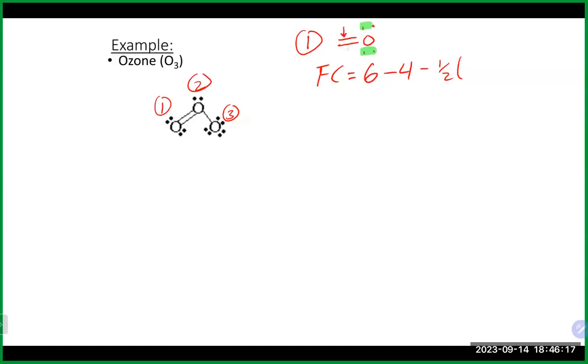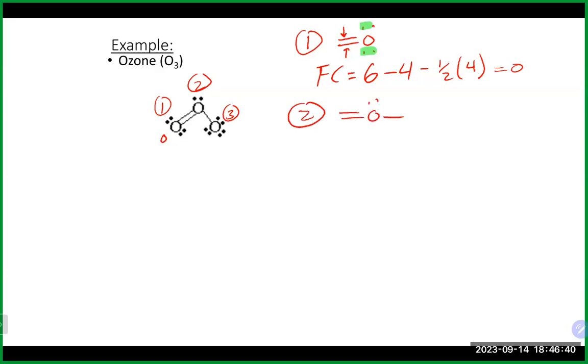Each line is 2 electrons, so that is 2 and 4. So that gives me 6 minus 4, which is 2, minus 1/2 of 4, which is also 2. And that gives me a formal charge for this oxygen of 0, basically. Now, if we look at oxygen number 2 there, it looks like this.